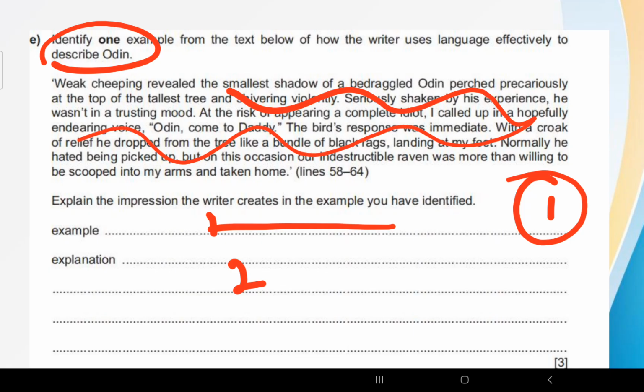And you can also write it like this: the writer is trying to convey the condition of the bird. He is telling us that the bird, after leaving his house, after leaving that place, is in a state of shock, is traumatized, is unable to speak, something like that. And then you are done.